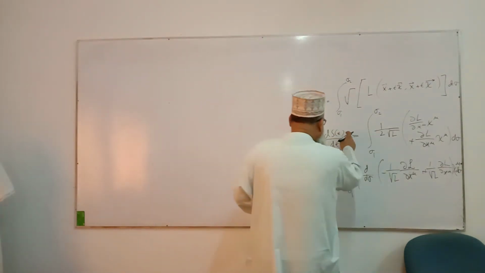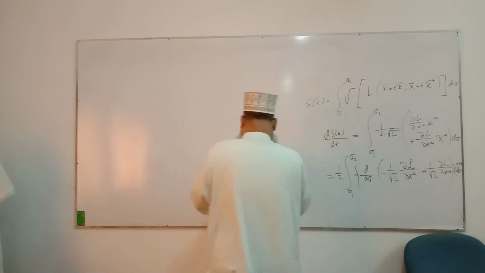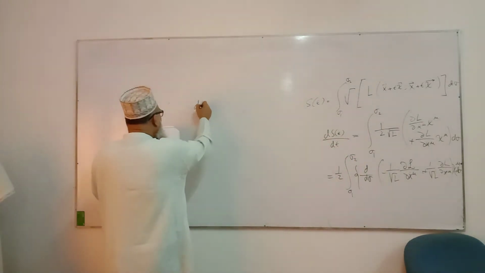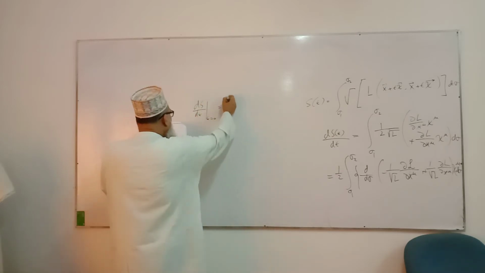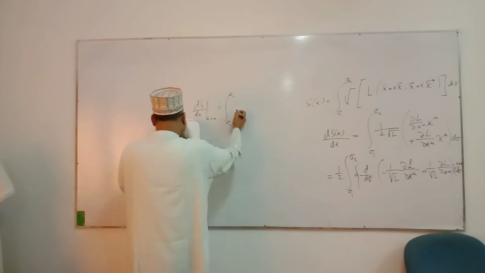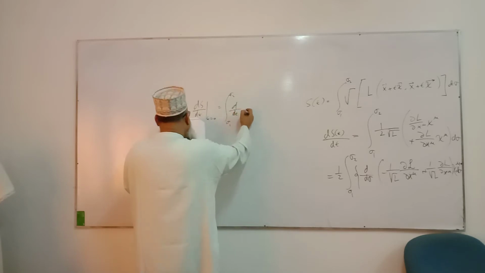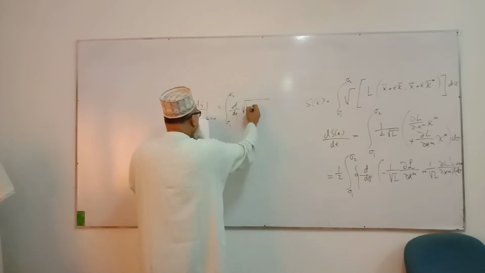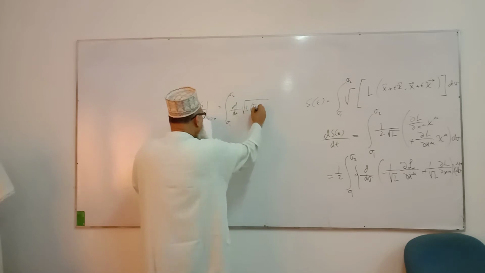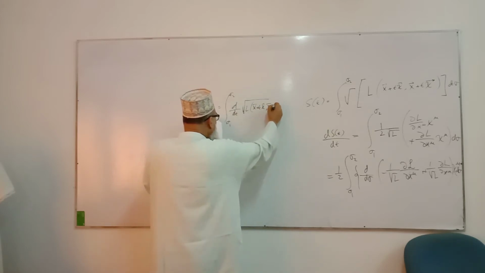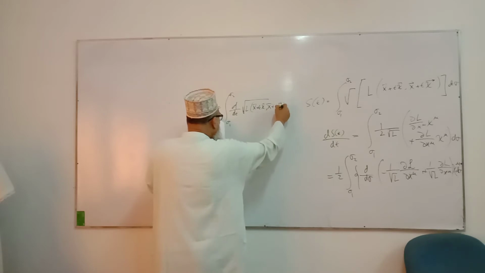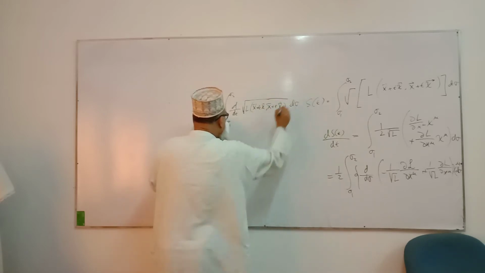First of all, come to here. How is this done? dS by d epsilon equals 0 is given by the integration from sigma 1 to sigma 2 of d by d epsilon of square root of L, a function of x plus epsilon chi, x dot plus epsilon chi dot, d sigma.